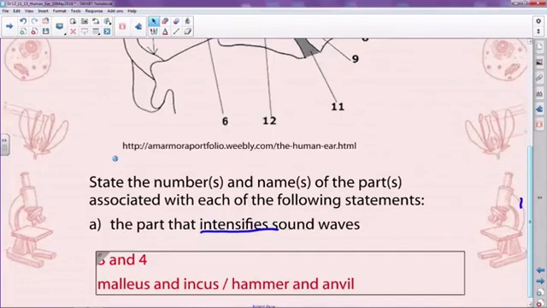Okay, those are the ones that amplify, because as those bones move, they amplify. It produces more pressure as we're going along. Right, those are quite cool.